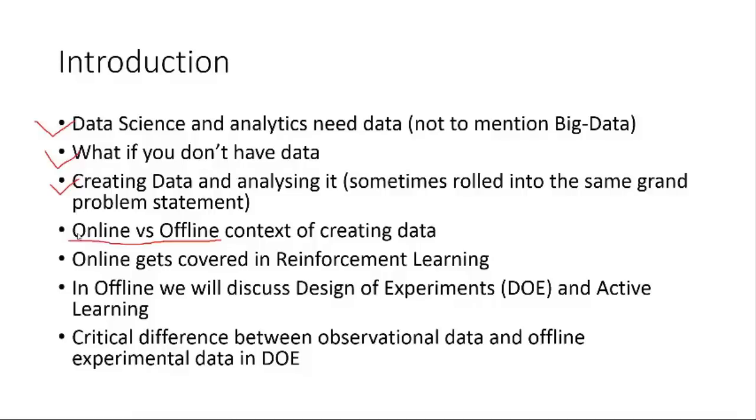When you're in an online setting, you are experimenting or creating data on a system that is currently creating a product, or involved in performing a service or a task, which is going to the end user.